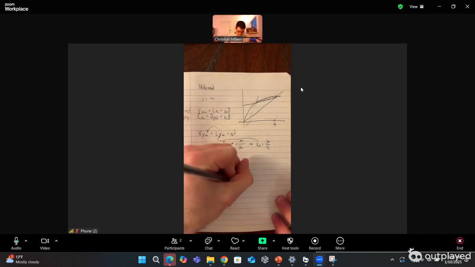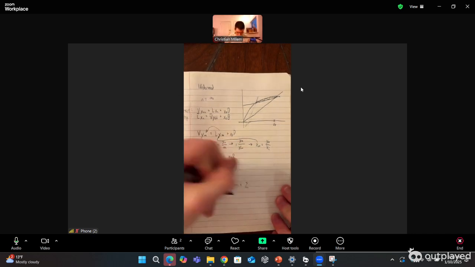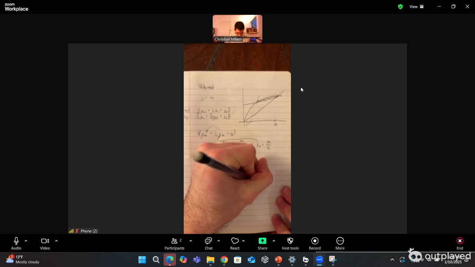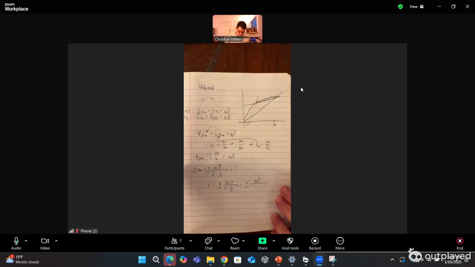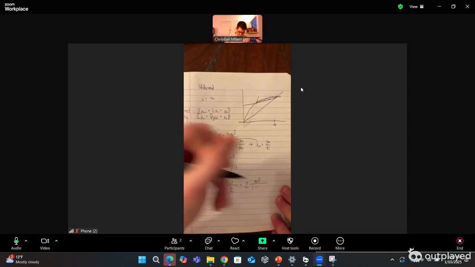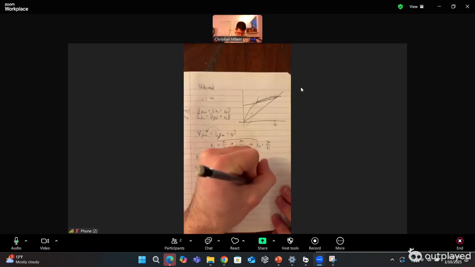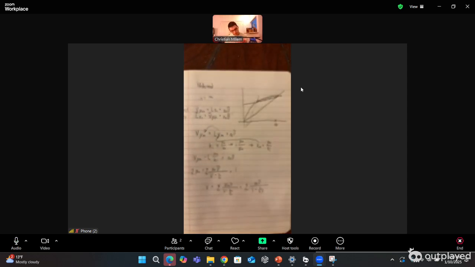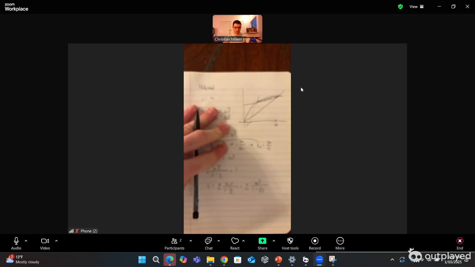So then this leaves us with summation of d over 1 minus lki over v.